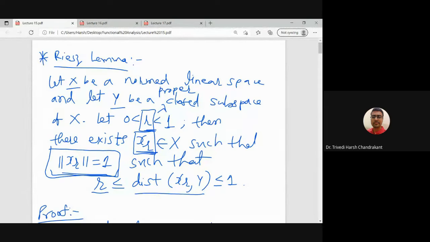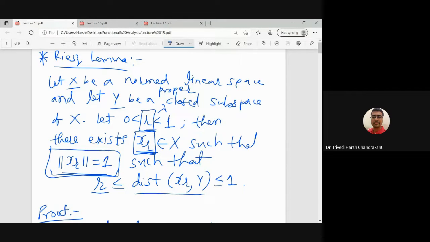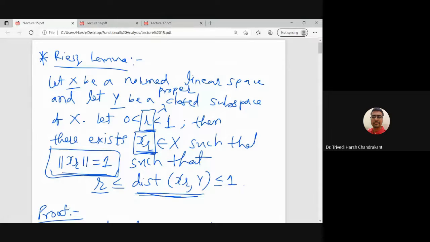So in the previous lecture, we discussed Riesz's lemma, and Riesz's lemma is related to quotient spaces because we are considering the distance norm for the subspaces.